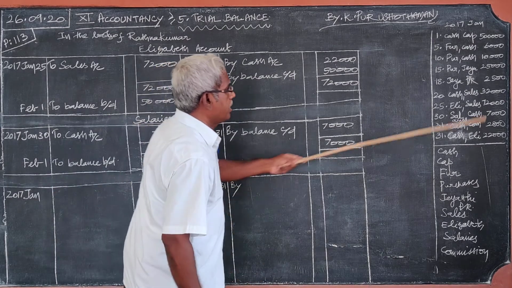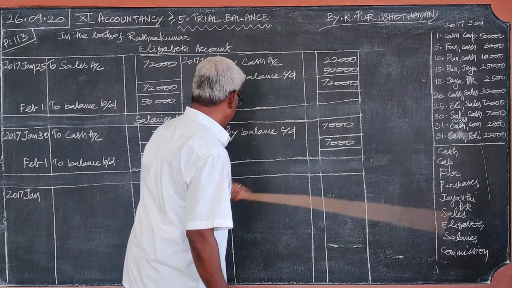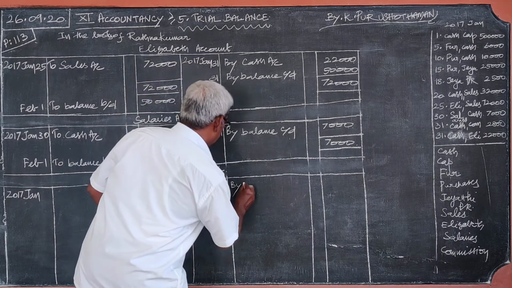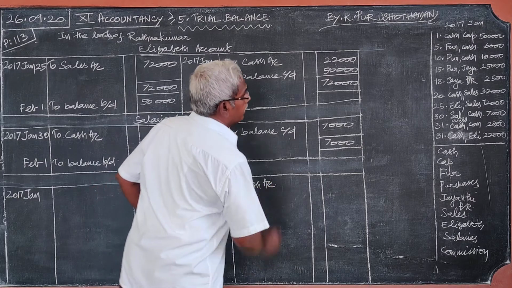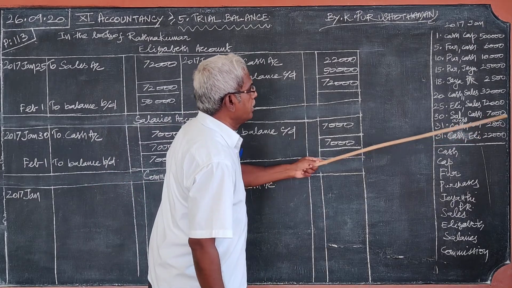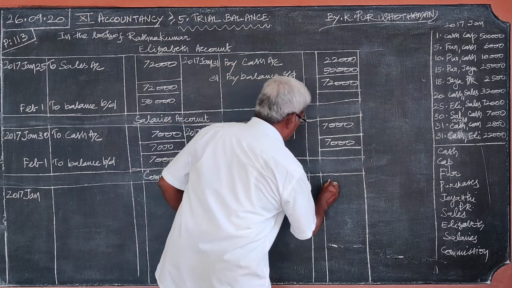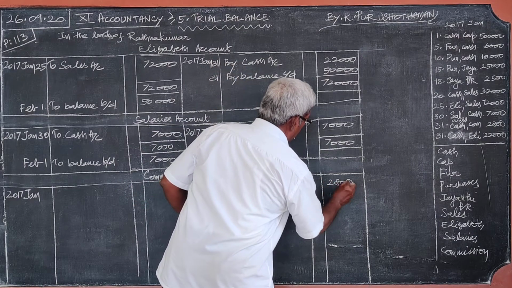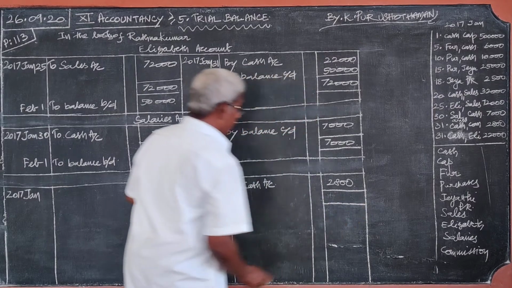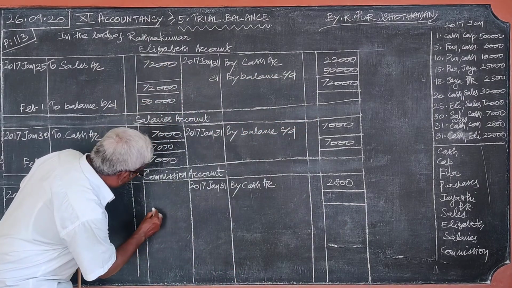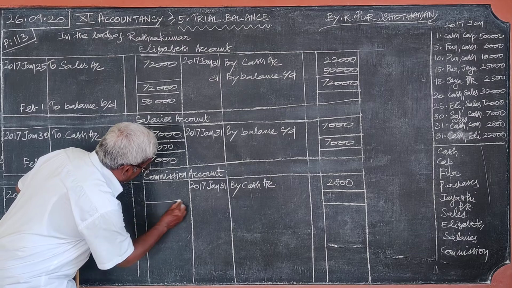What is coming along with the commission? Cash. Therefore, by cash account. The commission is 2,800. No more entry for commission. Therefore, we can close the ledger.